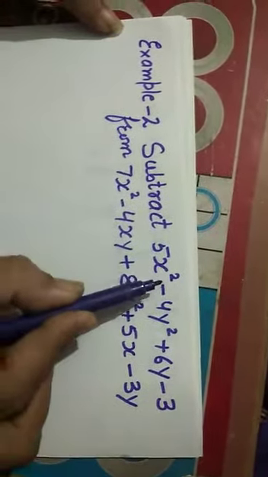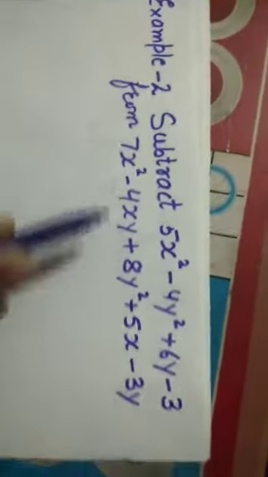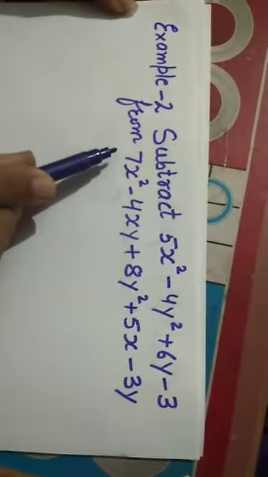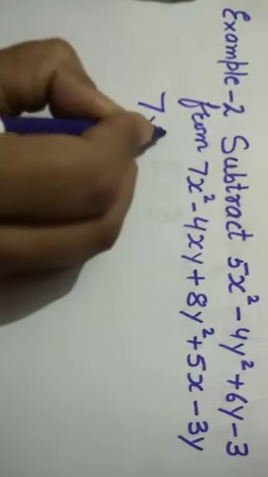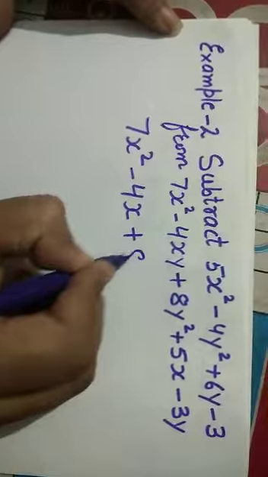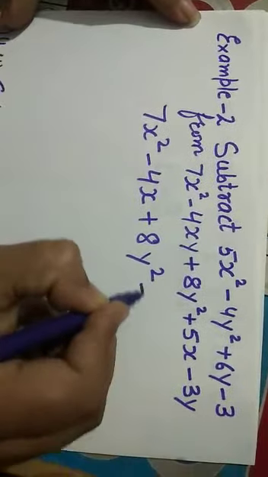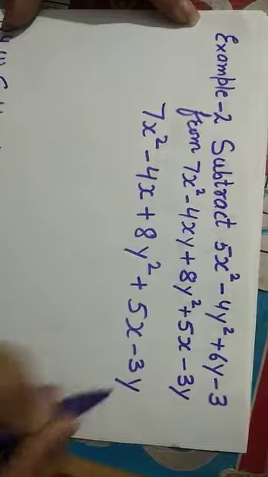So first number we have to subtract from the second. So first of all we'll be writing the second expression, 7x square minus 4xy plus 8y square plus 5x minus 3y.